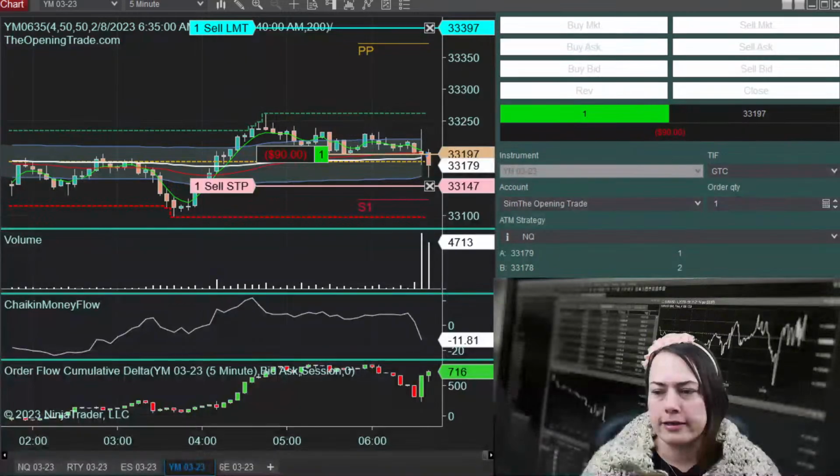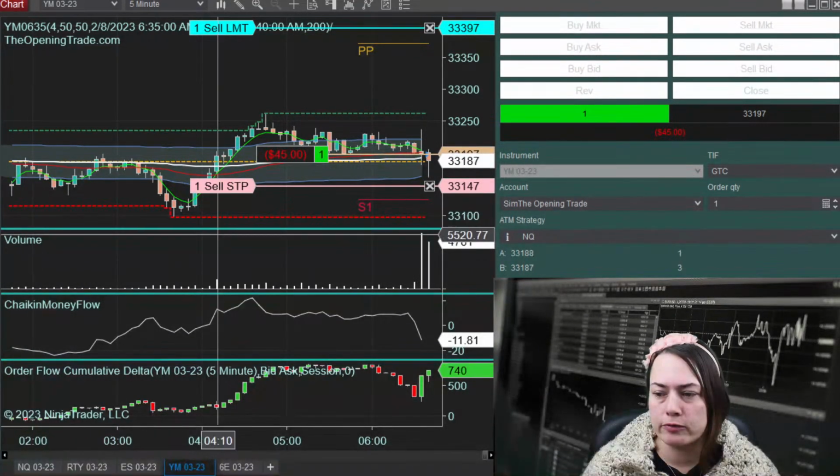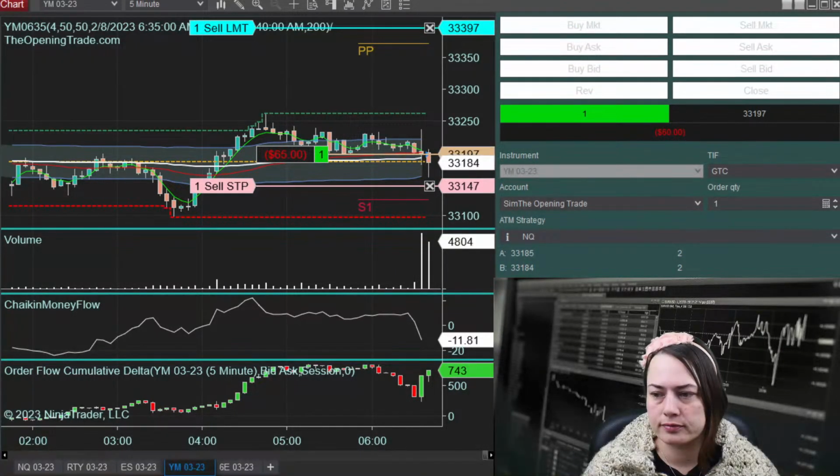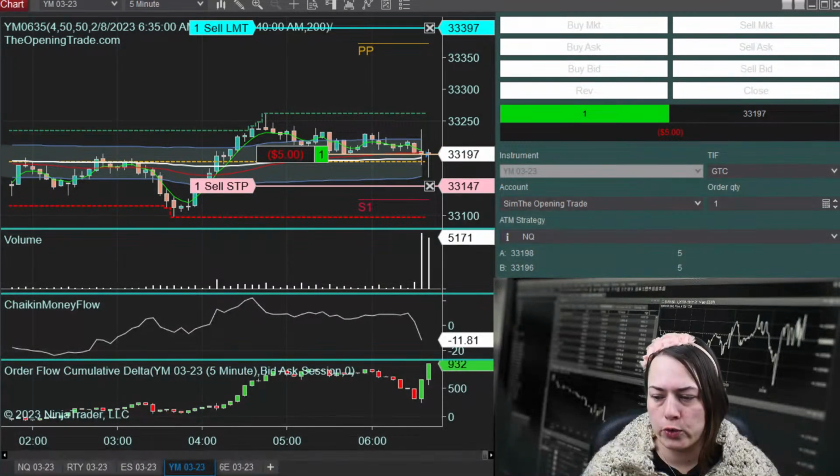So yes, I am over here contemplating if I should move up my red line. We are hoping that, there we go. Now we needed to, no, we needed to turn around. Come on, people, wake up. Wake up and make some trades here.